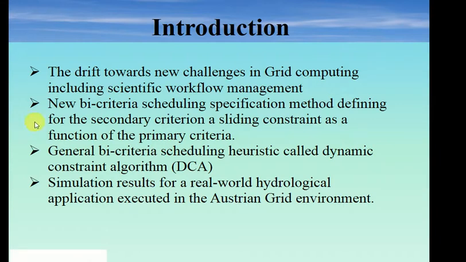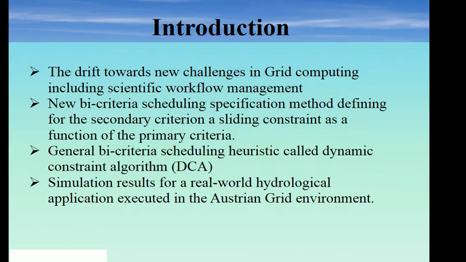As I said, there are a few challenges faced in grid computing. The drift towards new challenges in grid computing includes scientific workflow management. In the beginning, there are a few approaches which are followed, and then they come to bi-criteria. Let's see what those approaches are. The most common approach to the problem is to optimize only one criterion, keeping the other constraint within fixed thresholds.